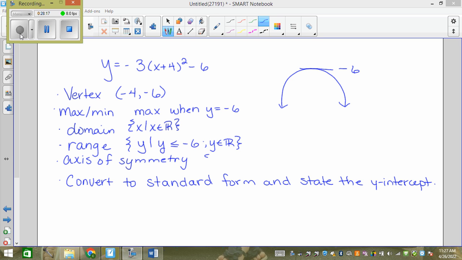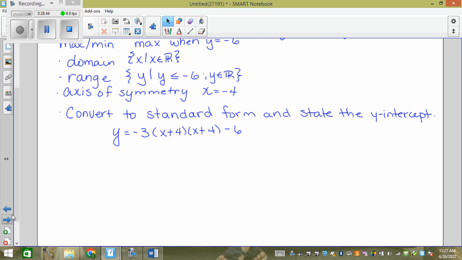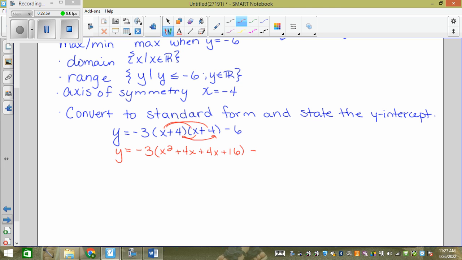What's my axis of symmetry? The x of the vertex. So it's x equals -4. When I want to convert to standard form, what's the very first thing I'm going to do? Expand. I'm going to write that x plus 4 twice. So I'm going to get y equals -3, and then x squared plus 4x plus 4x plus 16 minus 6.